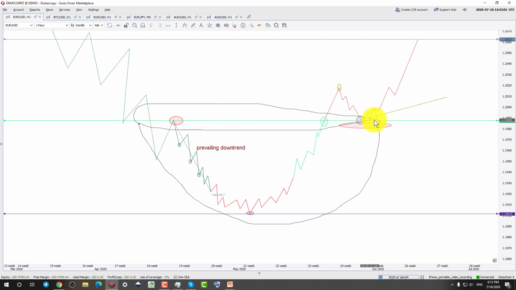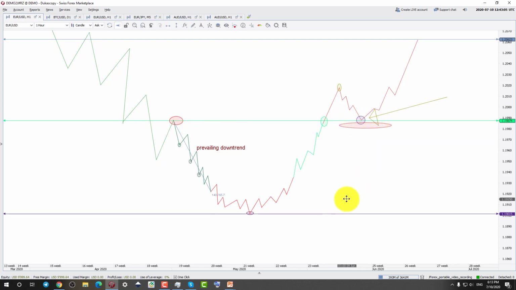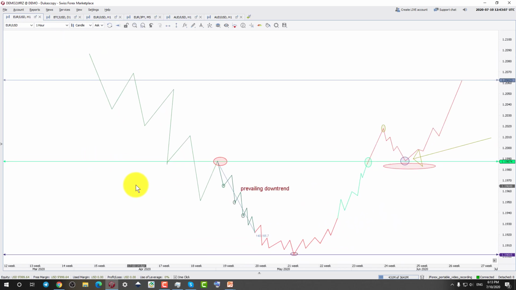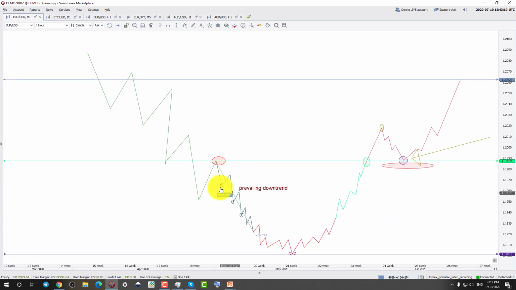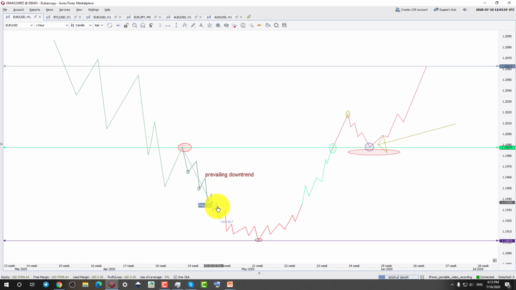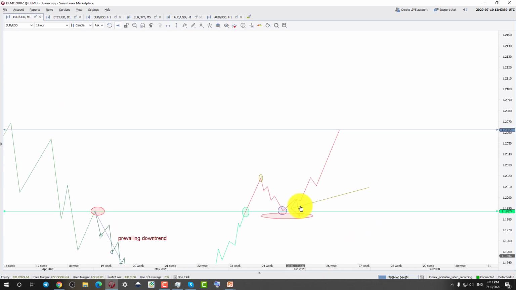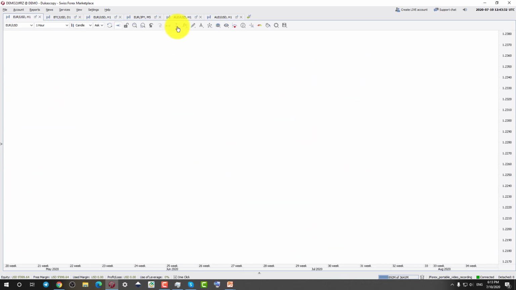Also notice that it is formed in a downtrend and it marks the end of the downtrend. But the pattern which we are going to discuss today is exactly opposite of it. That is, one, it is formed in an uptrend.